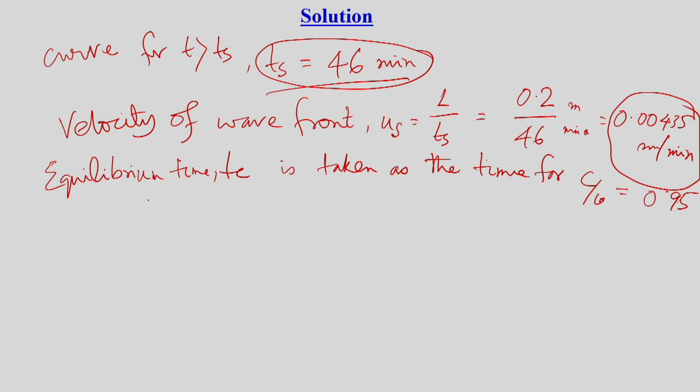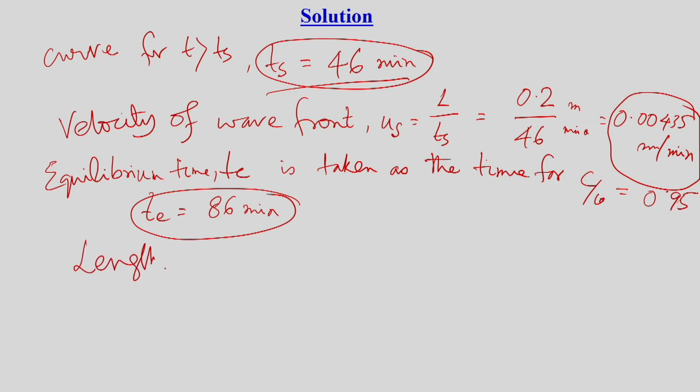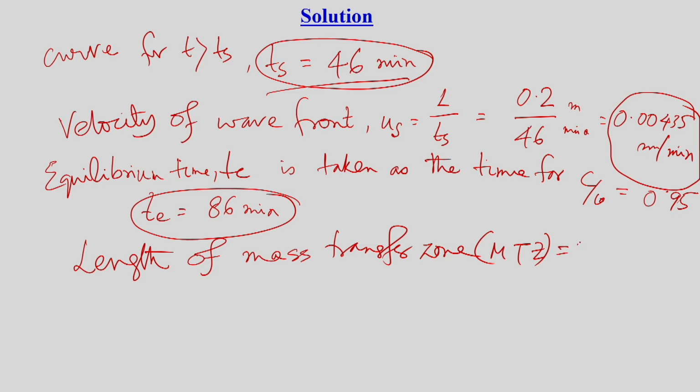At that time, from the curve, we get T equal to 86 minutes. Now we need to get the length of the mass transfer zone, that is MTZ, which is nothing but u s into T minus T b.